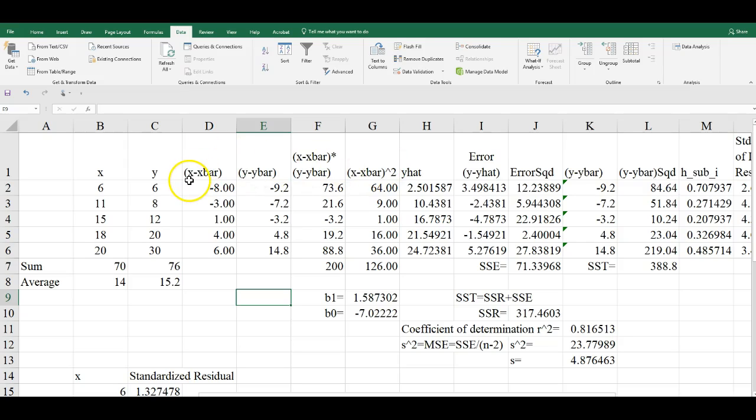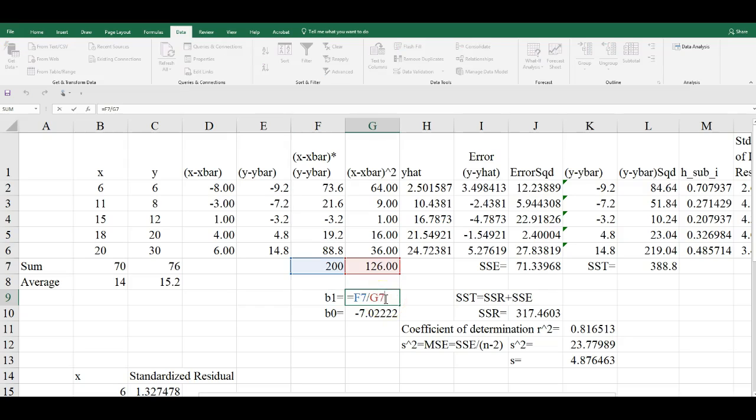So we calculate the difference between each x value and the average of the x values, x bar, and the same for the y values and y bar. We take the sum of those two deviations, take the product of those two deviations, and sum those. And then we take the square of x minus x bar, and we sum those as well.